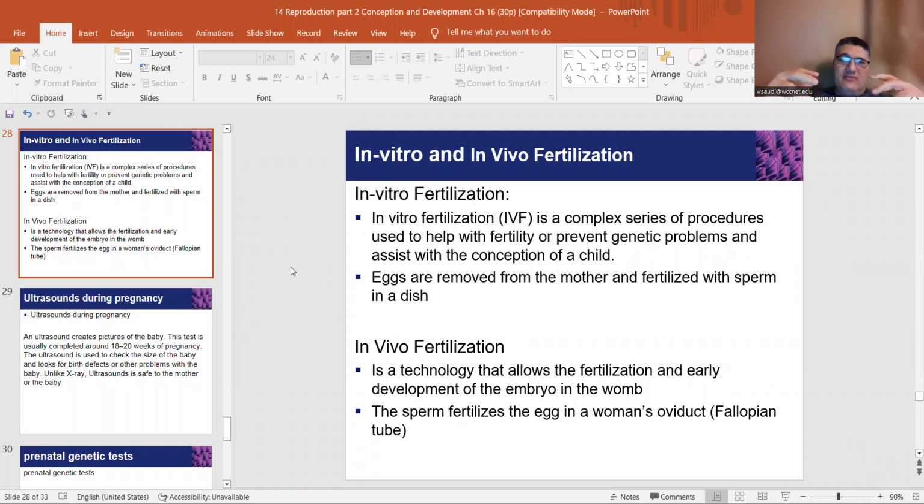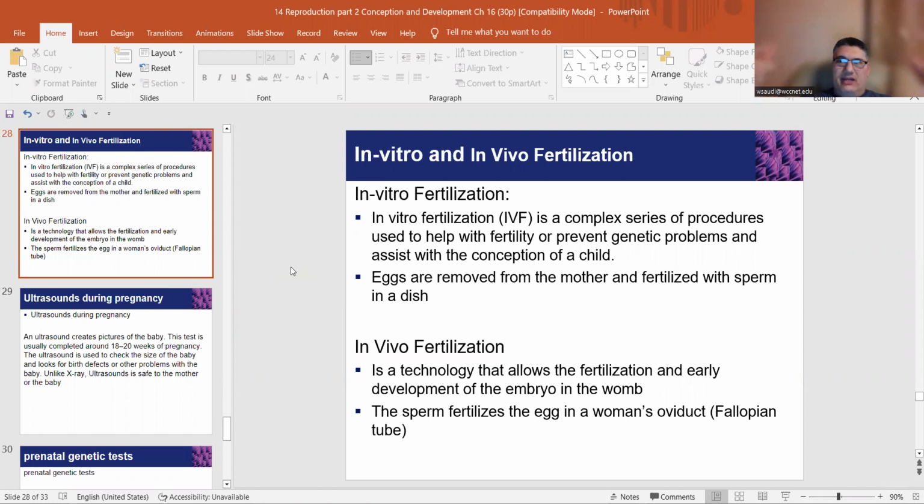If that's the case, they can get several sperms from the male, and they can get a couple of eggs from the female and grow them at the same time. They grow separately in a dish. It's a laboratory dish.